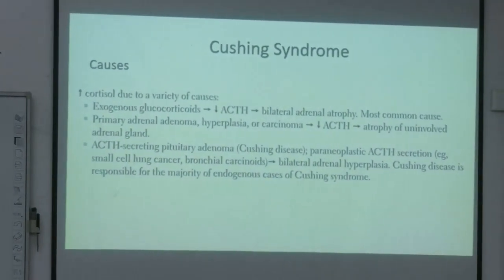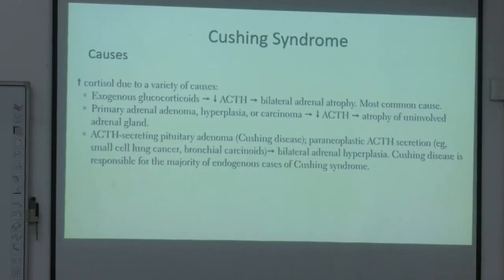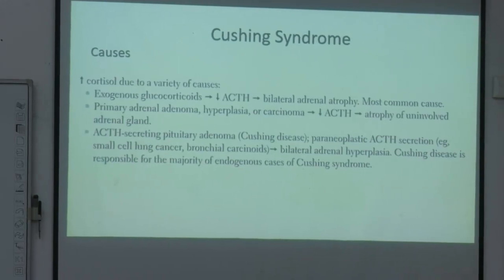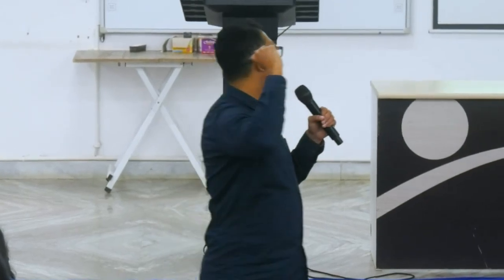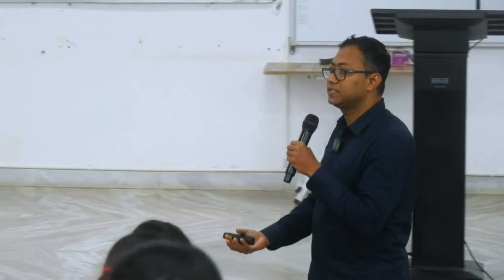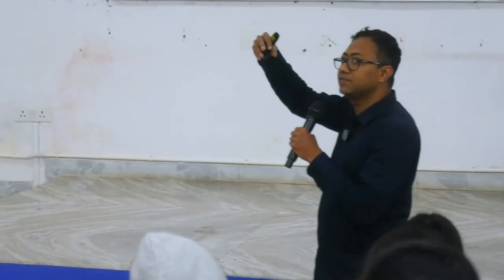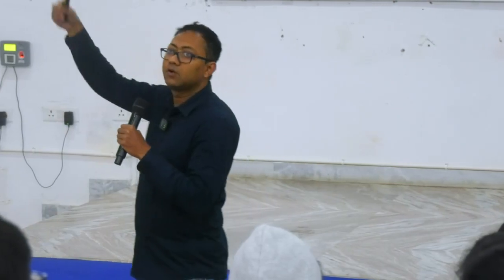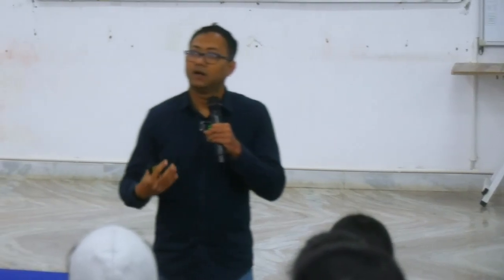what will it do? This exogenous steroid will feedback inhibit your pituitary. So ACTH will be low, right? Cortisol will be secreted, and cortisol will give feedback inhibition to the pituitary or hypothalamus. And here the cortisol is not endogenous, it is not being secreted from your adrenal cortex, it is from outside.